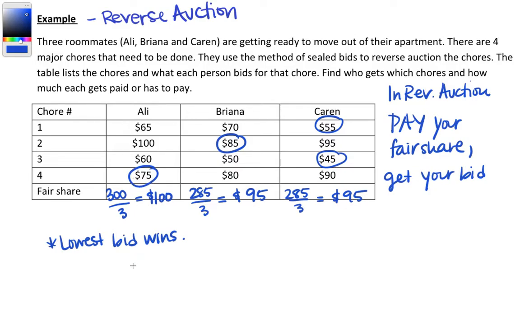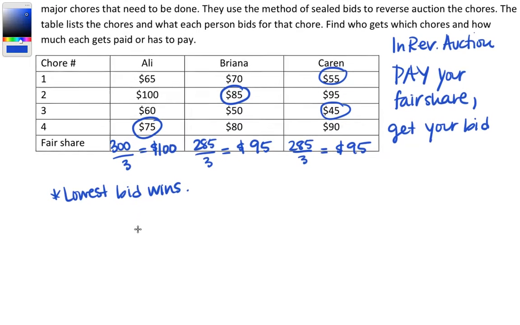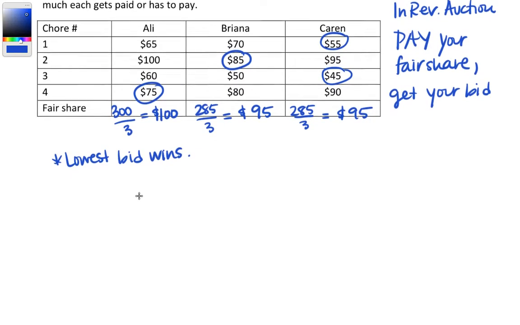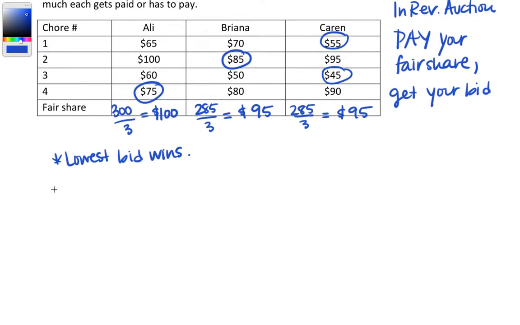Okay, so let's go ahead and determine the first settlement. So Allie does chore number 4. Okay, so she pays her fair share of $100.